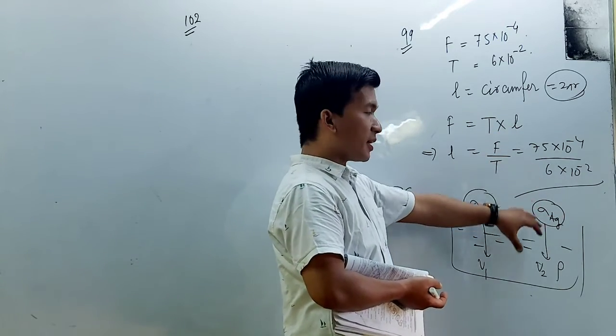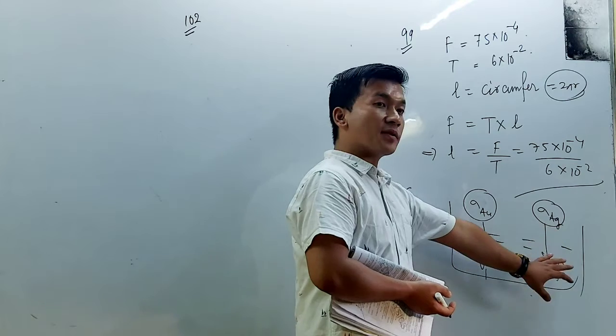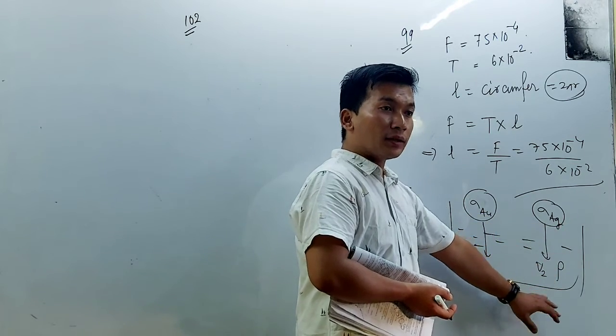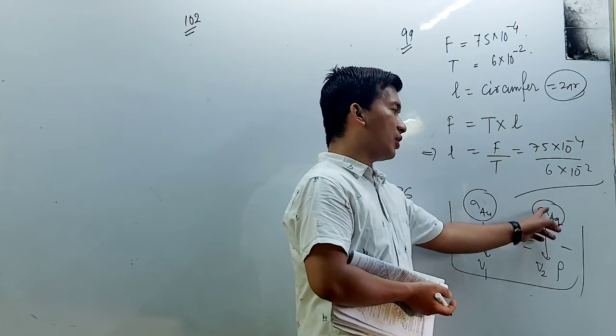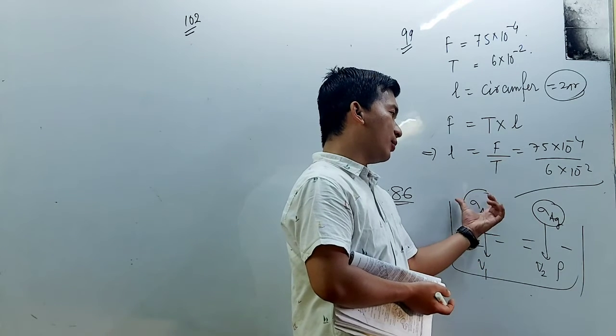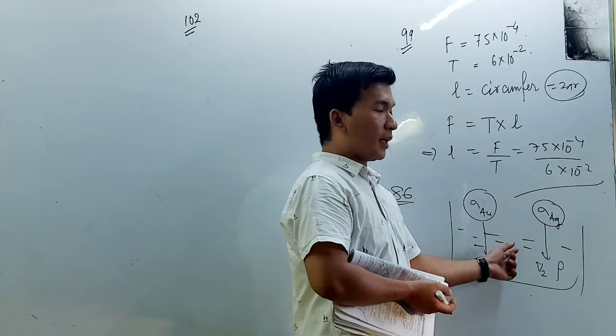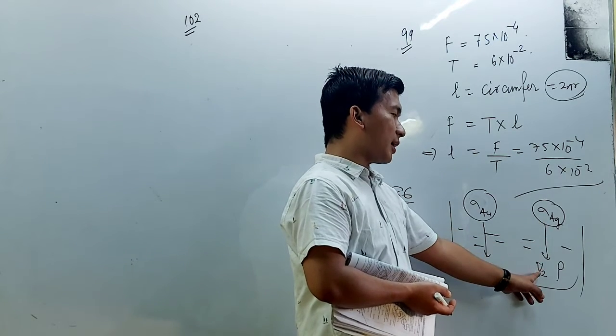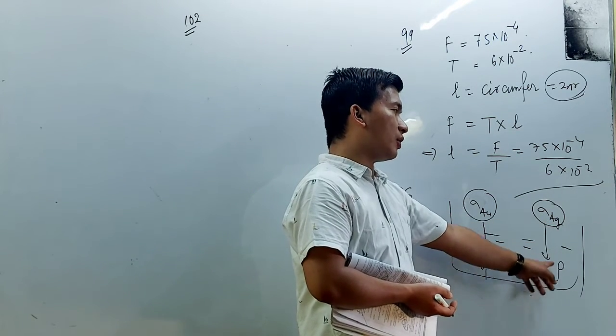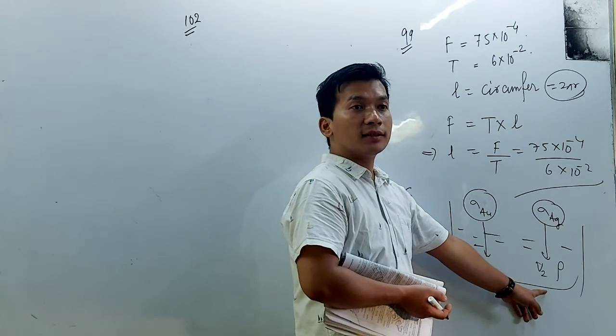They are immersed inside the same viscous medium. The terminal velocity of gold is given as some value, and we have to calculate the terminal velocity of silver.